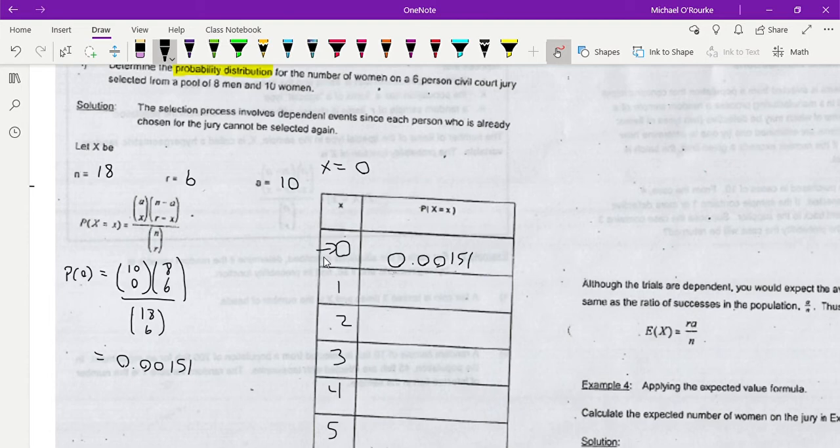Dante, you got your number? The whole group's going to be waiting for you. 0.00164. No, that's incorrect. Nice try, though. How far off was I?